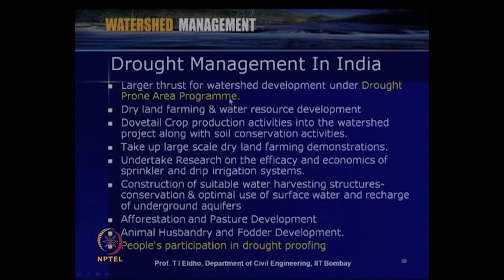Some of the important aspects of drought management in India are dry land farming and water resource development schemes, then dovetailing crop production activities into the watershed project along with soil conservation activities, then taking up large scale dry land farming demonstrations, then undertaking research on the efficacy and economics of sprinkler and drip irrigation systems, then construction of suitable water harvesting structures, conservation and optimal use of surface water and recharge of underground aquifers, then afforestation and pasture development, then animal husbandry and fodder development, and then the most important aspect, people participation in drought proofing.